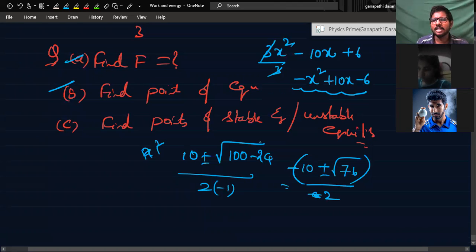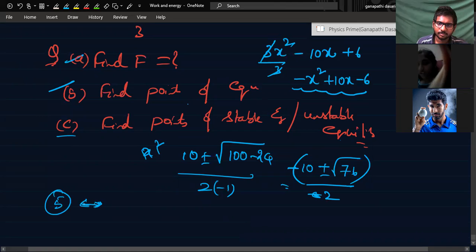If you want to find out points of stable and unstable equilibrium, you need to double differentiate it and substitute. You got the answer also? I got 5 for the first one, sir. My doubt is, sir, because it is 0 anyway, whatever be the sign, the answer will be 5 only, sir.